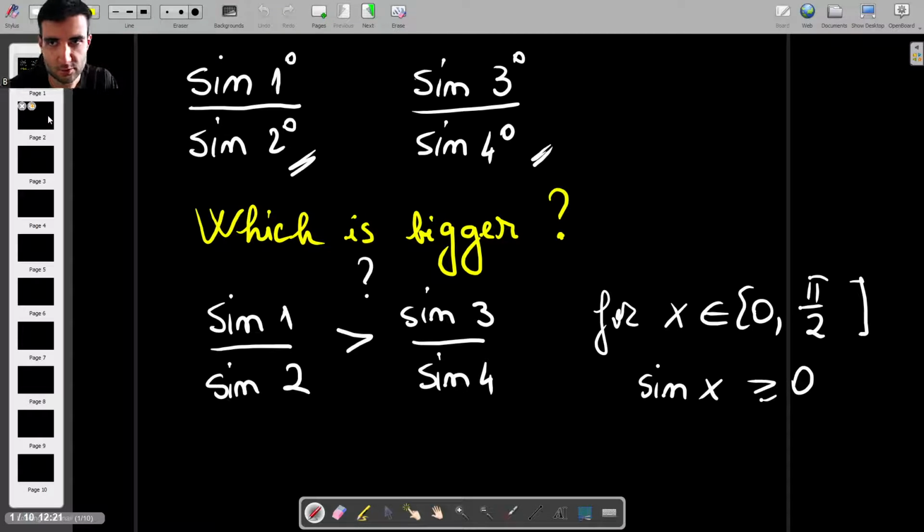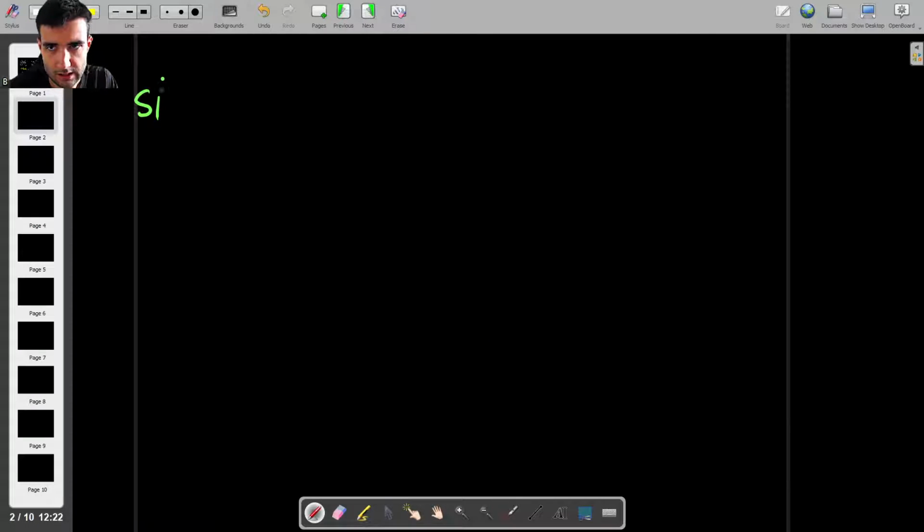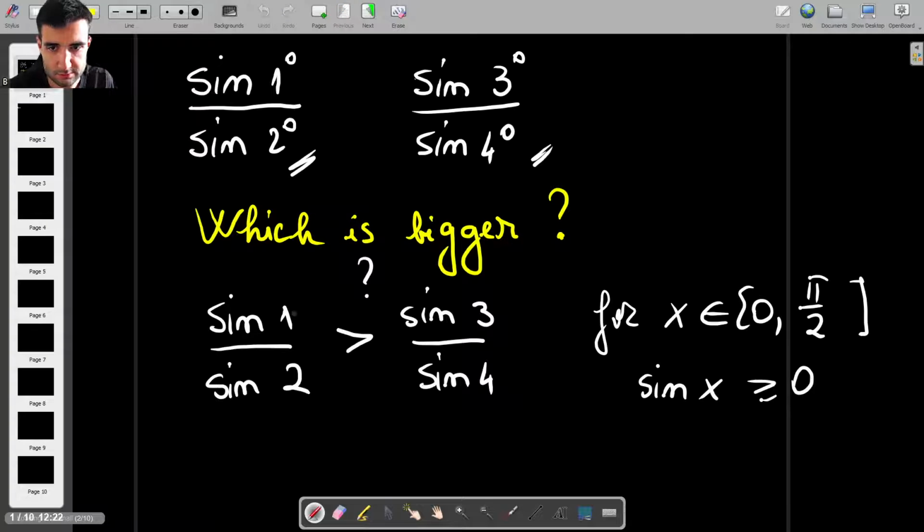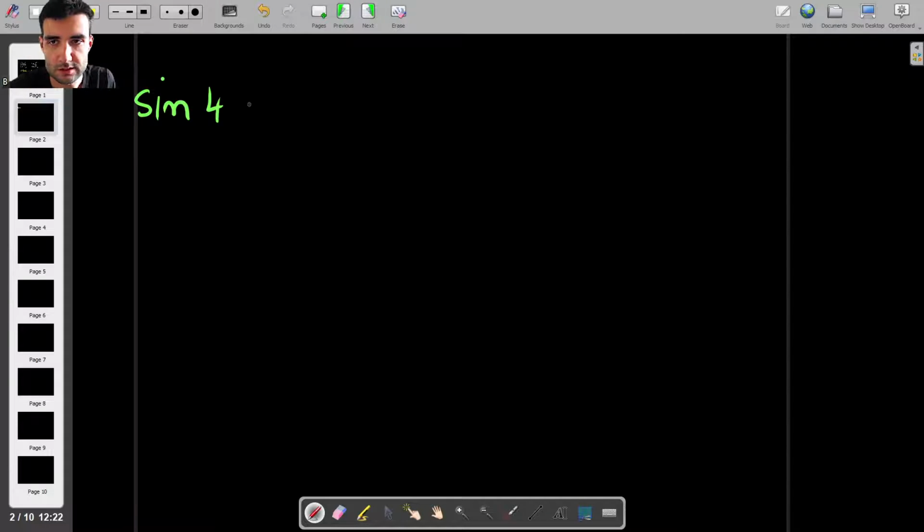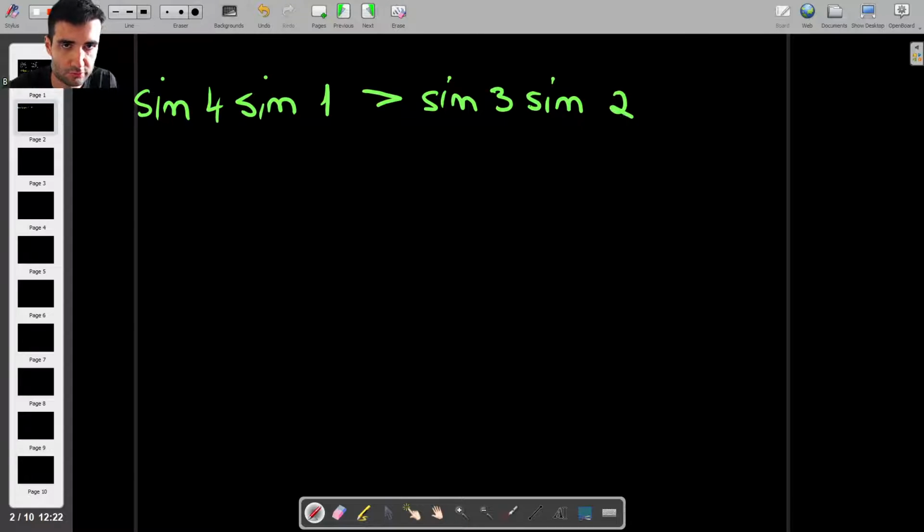So if I cross multiply, what I'll end up with is the following. I'm multiplying sine of 4 degrees with sine of 1 degree. So there would be sine of 4 sine of 1. And then the question is, is this actually greater than sine of 3 sine of 2?